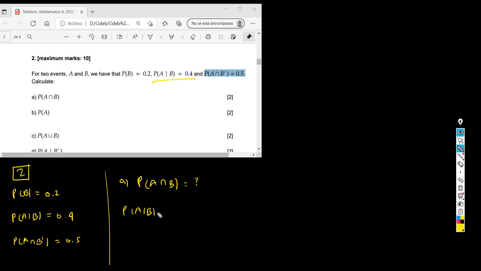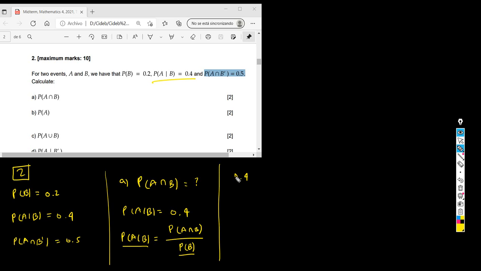I know this, that the probability of A given B is 0.4. I also know that the probability of A given B is, by definition, the probability of the intersection over the probability of B. Now, since I have this value, which is 0.4, and since I have this value, which is 0.2, I'm done.